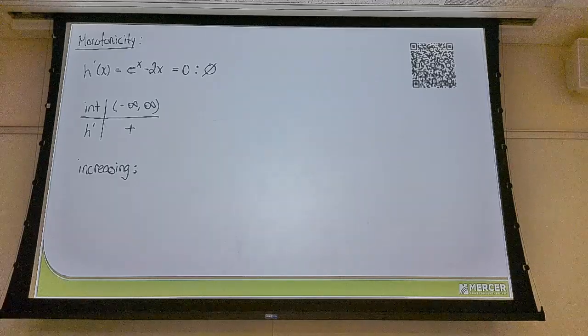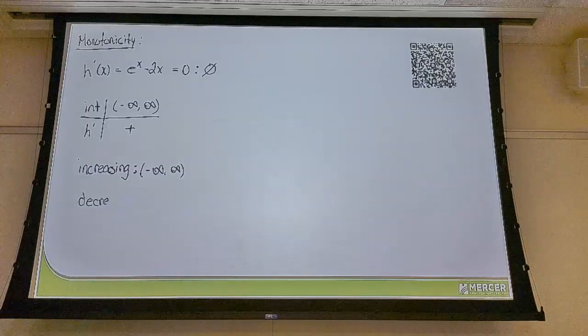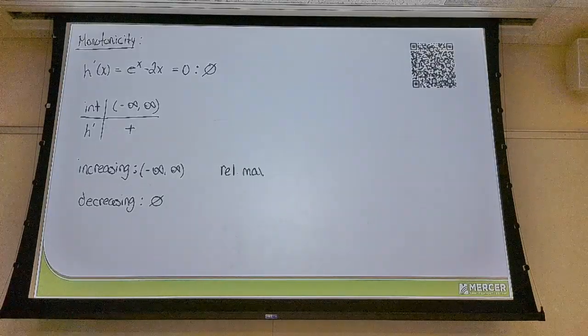Where is it increasing? Everywhere. Where is it decreasing? Nowhere. Empty set, nowhere. Is there a sign change? Nope. What does that mean about relative max and min?